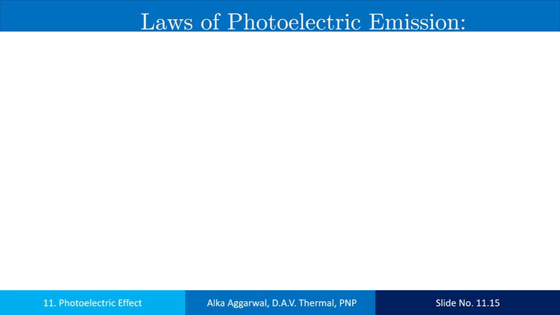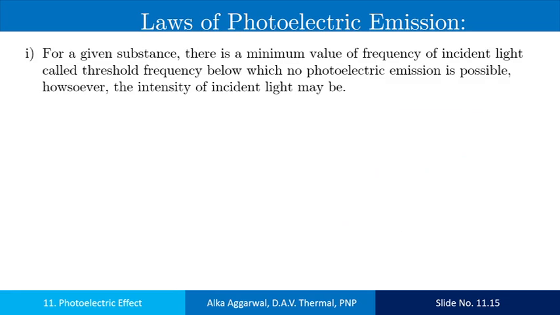On the basis of this study, it is concluded that there is a minimum value of the frequency called threshold frequency, below which no photoelectric emission is possible, however large the intensity of the light is.